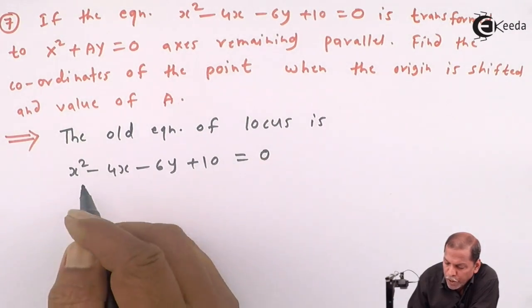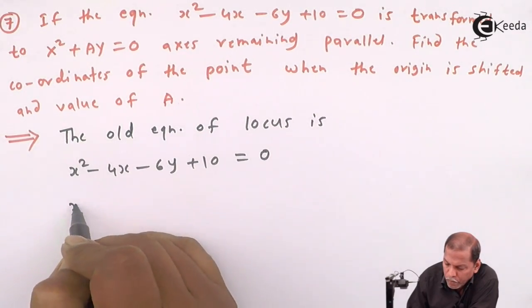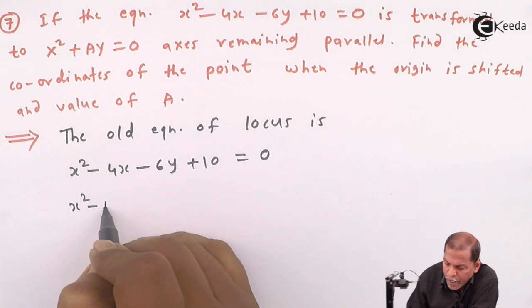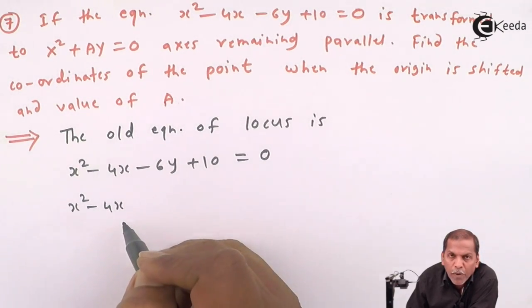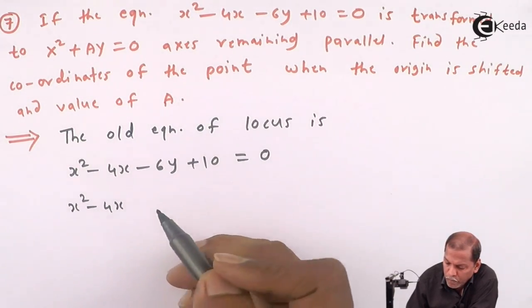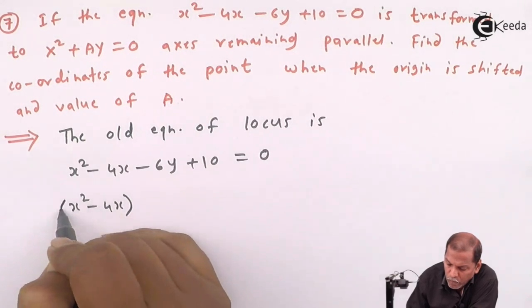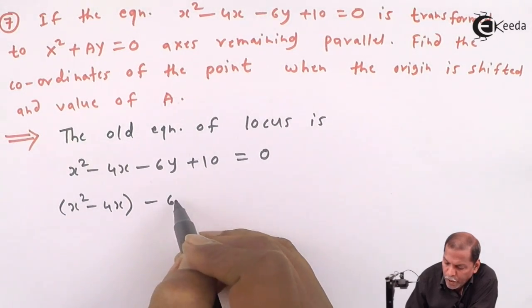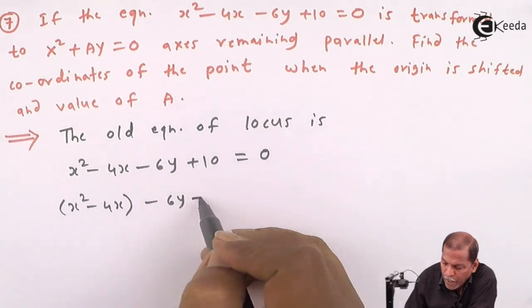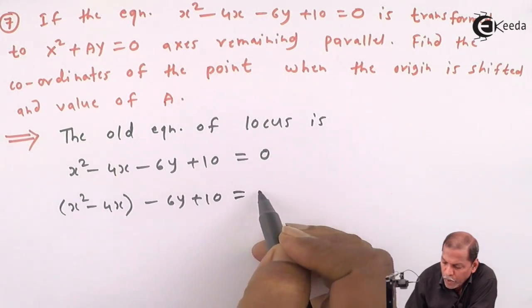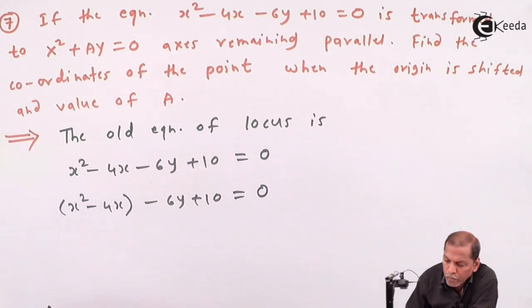Now this equation can be written as x square minus 4x, then we write the term minus 6y plus 10 and that equal to 0.